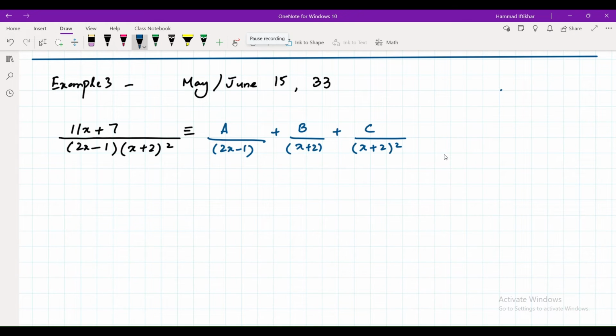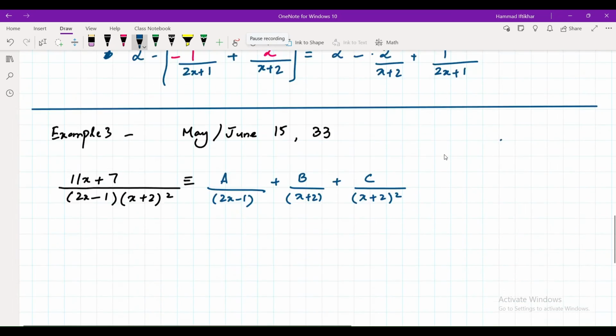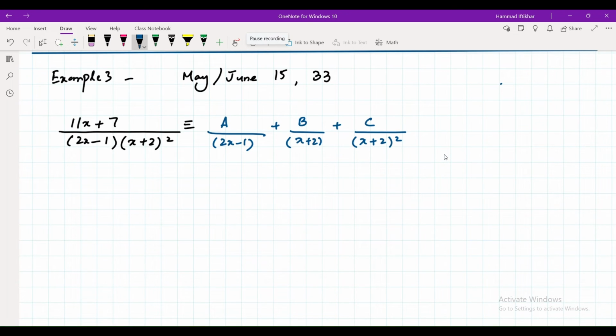Now, the way to solve this would be a combination of method 1 and method 2. So the denominator on both sides, if we make them the same, would become 2x minus 1, x plus 2 whole squared.